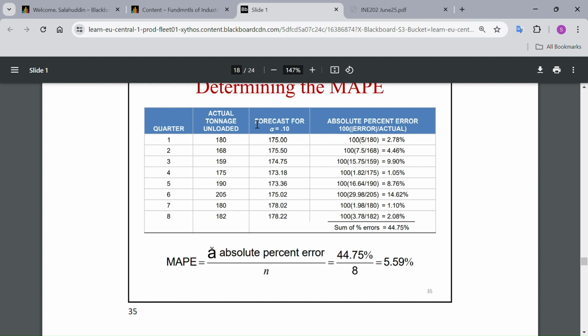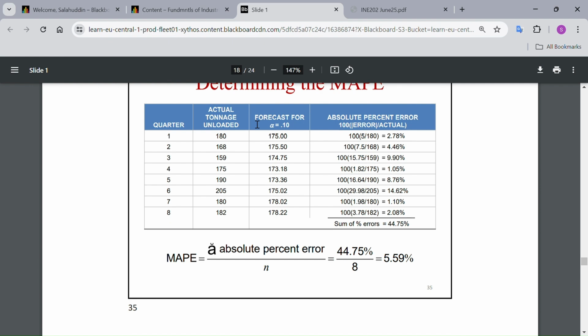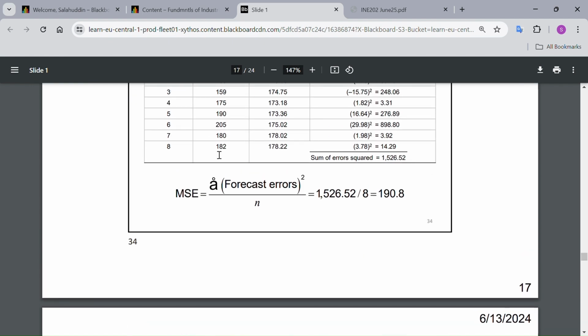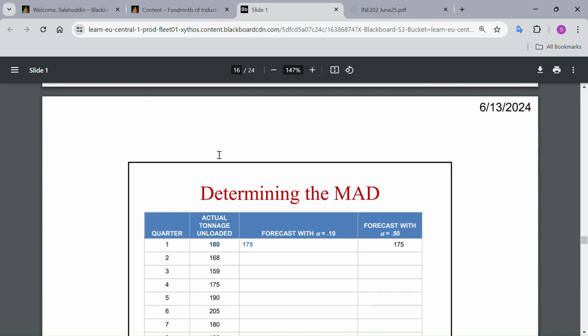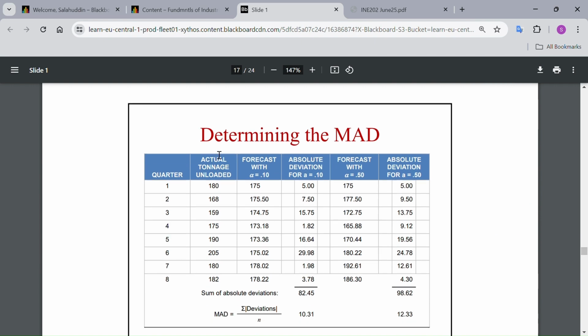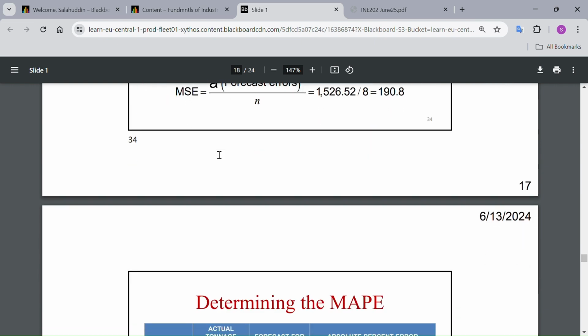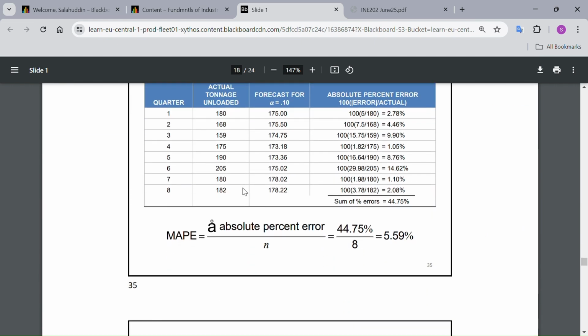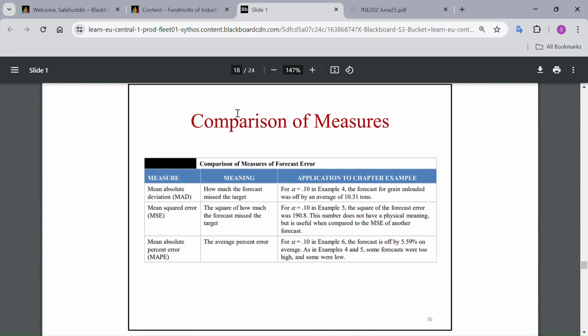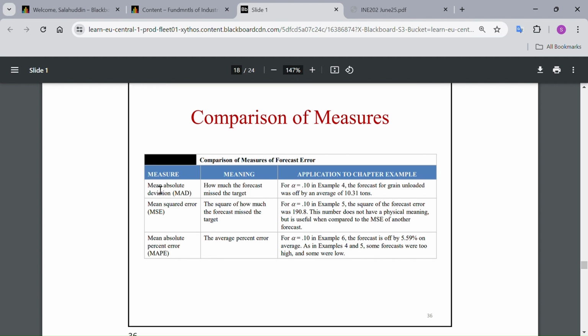Whichever value of alpha yields the least MAPE, mean absolute percent error, is going to be used for our purposes.